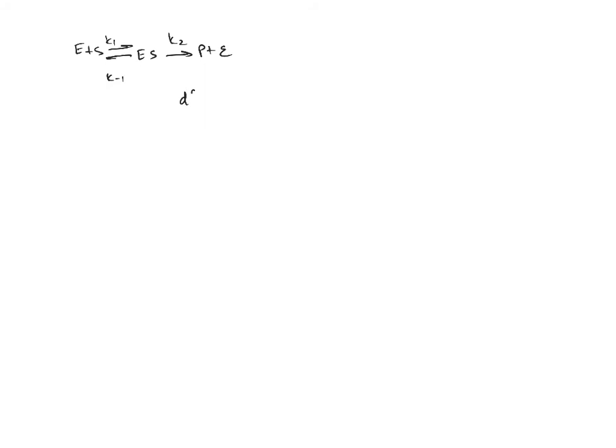So the rate of the production of product here, the original, what we're calling the initial rate, that's what the little 0 means. We're right at the very beginning of this thing going. It's going to be K2 times the concentration of ES, but that's an intermediate. It makes us sad.